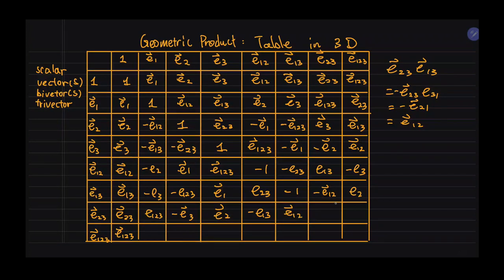E23 squared is minus 1, we know that. Then E23 E123: I need to swap.